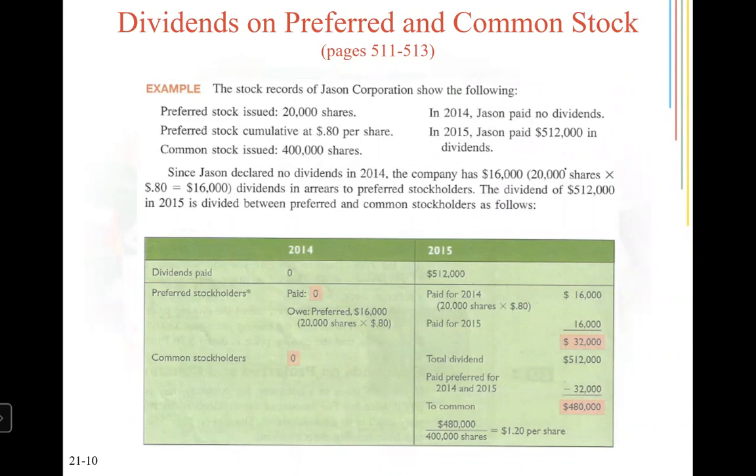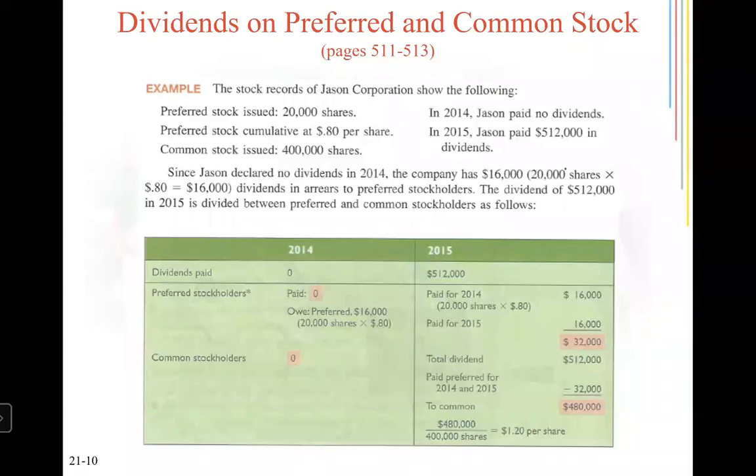Now for 2015, you'll see at the very top, it says that they paid out 512,000 based on what the question said. So the first thing they have to do before anything else for 2015 is to pay the 16,000 that are owed to the preferred shareholders. So you see at the very top, it says paid for 2014, $16,000, which is the 20,000 times 80 cents.